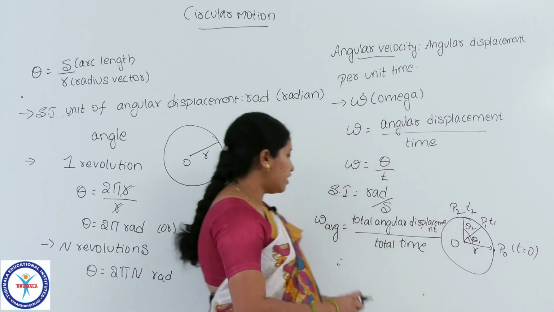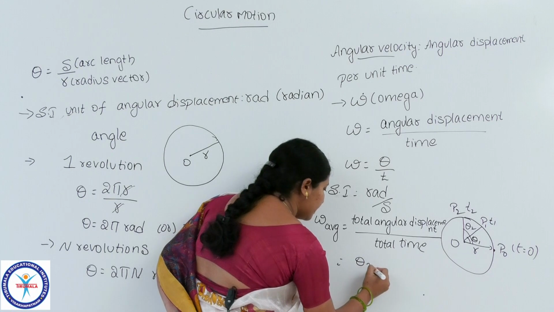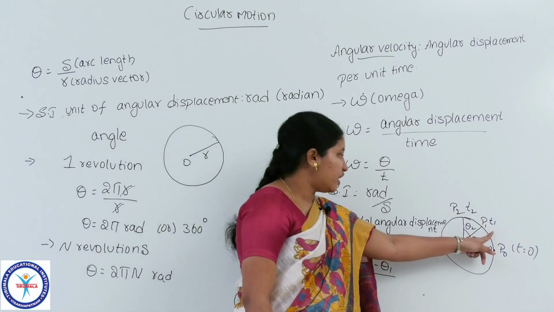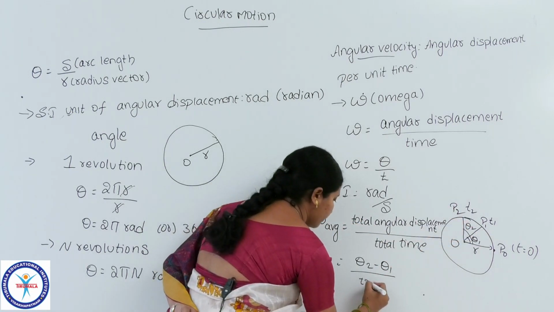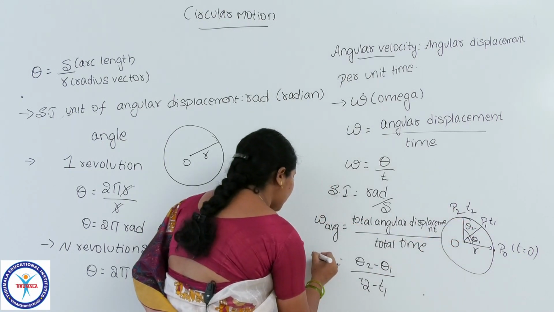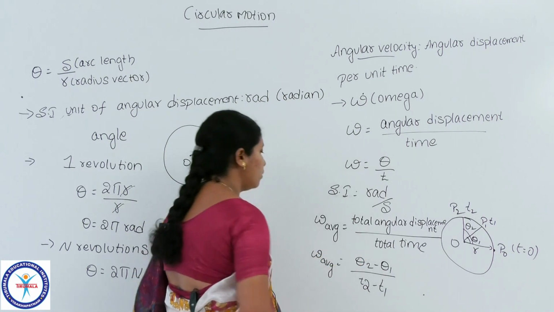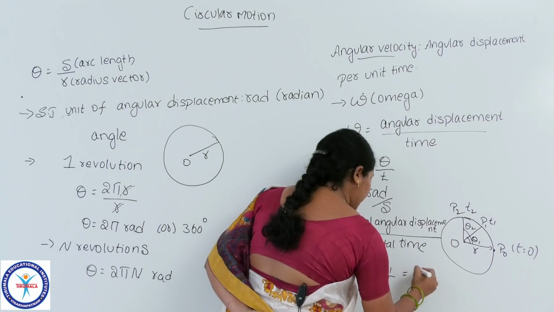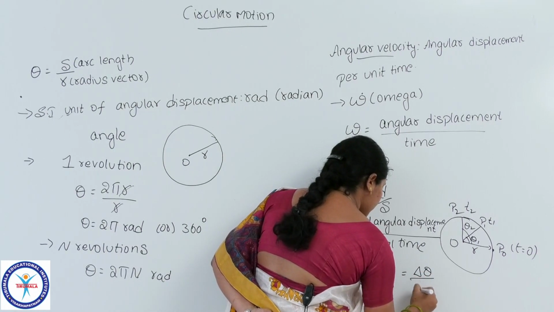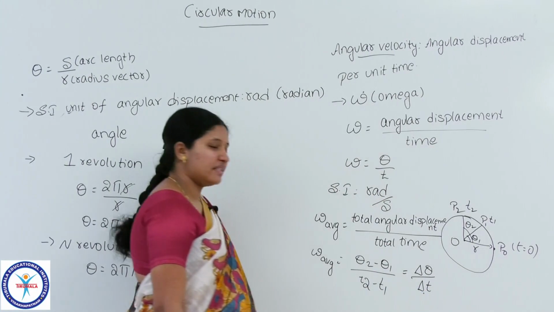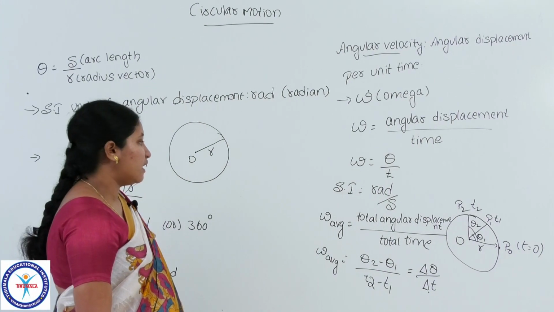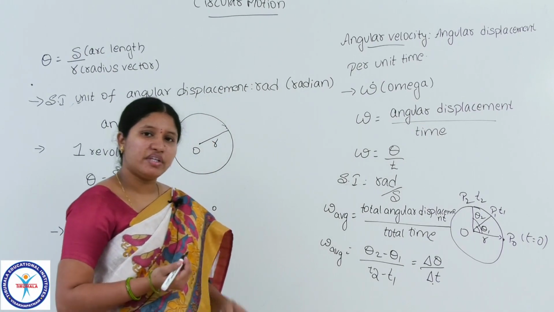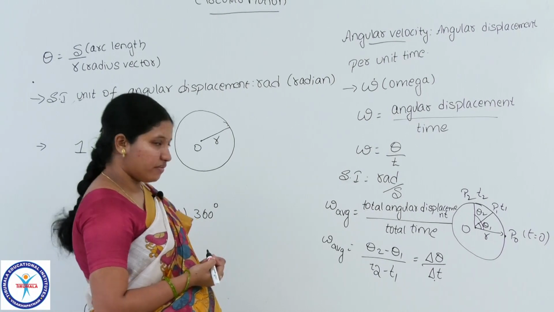So the total angular displacement will be theta 2 minus theta 1. And what is the total time? t2 minus t1. So omega average is equal to theta 2 minus theta 1 by t2 minus t1. This we can also write as delta theta by delta t, and these angular velocity units are radian by second.